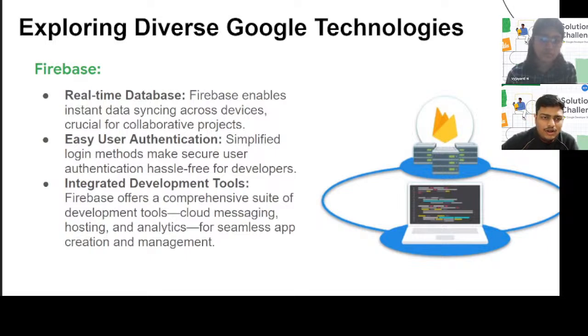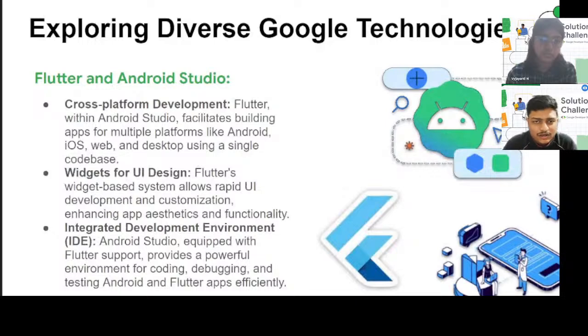So moving on to the next Google technology, that is Flutter and Android Studio. For app developers, Flutter and Android Studio are a boon, right? Flutter allows the creation of many visually appealing, high performance apps on multiple platforms, such as mobile, web apps and desktop apps.